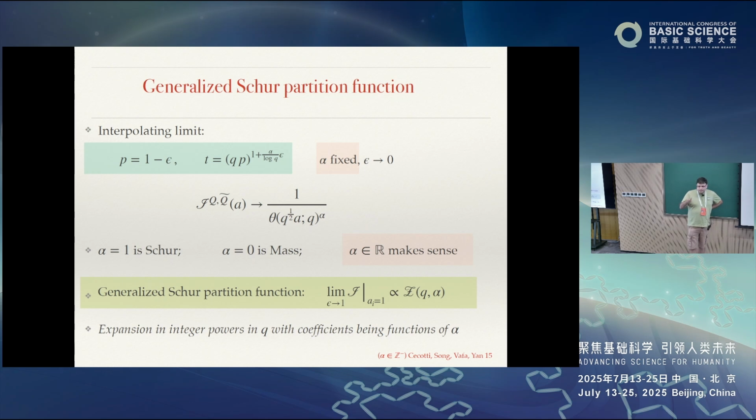In that invariant, there is a monodromy matrix, and the trace of that monodromy matrix corresponds to the Schur index. They wanted to relate traces of powers of that matrix to these types of limits. In particular, they looked at negative integer values of this alpha and had a slightly different definition of the index. Yes?